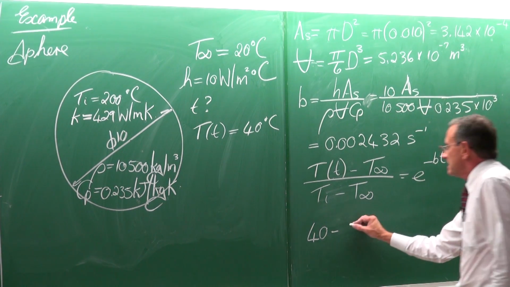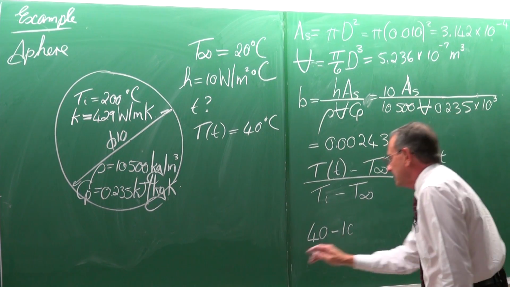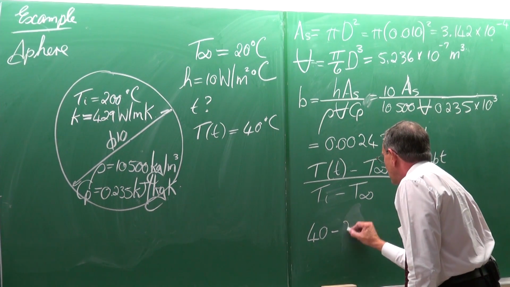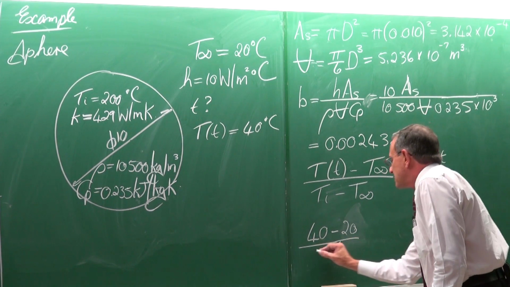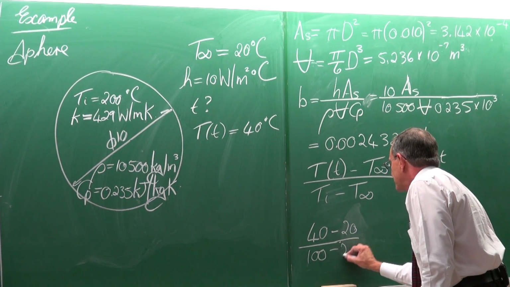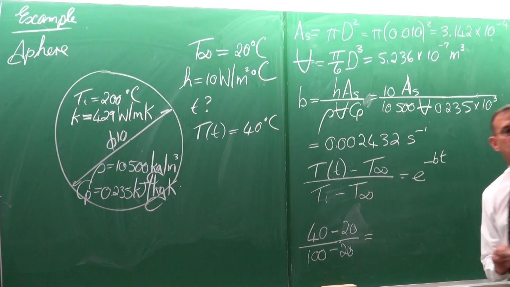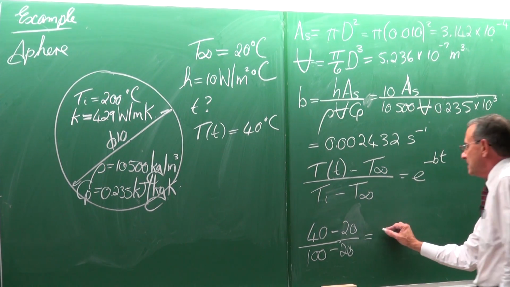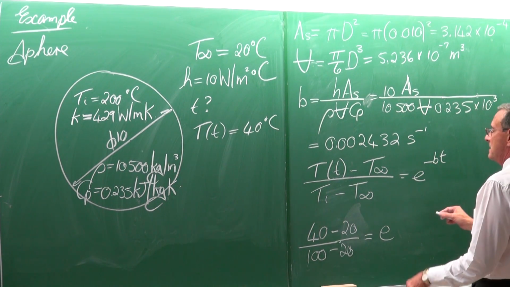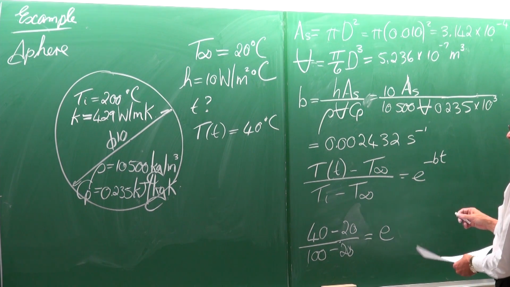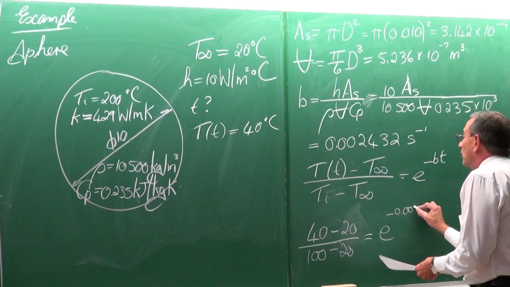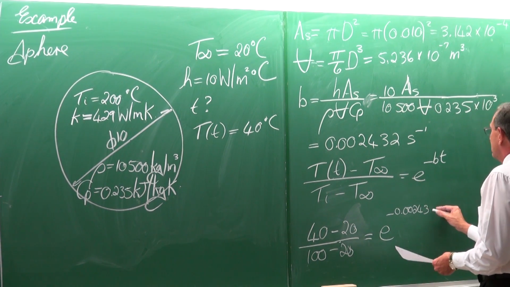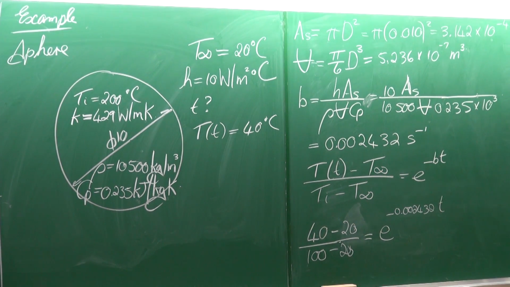T infinite is 20. The initial temperature is 100 minus 20, equal to e to the minus 0.00243 multiplied by t.